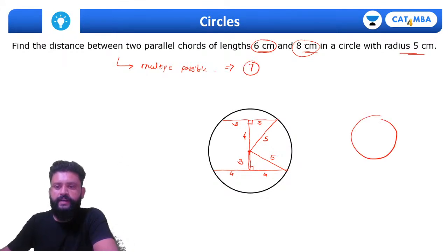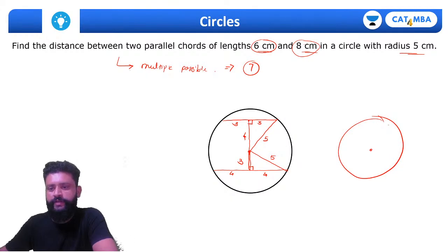And the other possibility for this question is we can draw a different circle, and where I'll be drawing two chords on the same side of the center. या तो ऊपर या तो नीचे, दोनों भी केस में सेम ही आंसर आएगा. And I'll draw perpendicular from here. तो ये हो गया 5, ये हो गया 4, तो ये होगा 3.